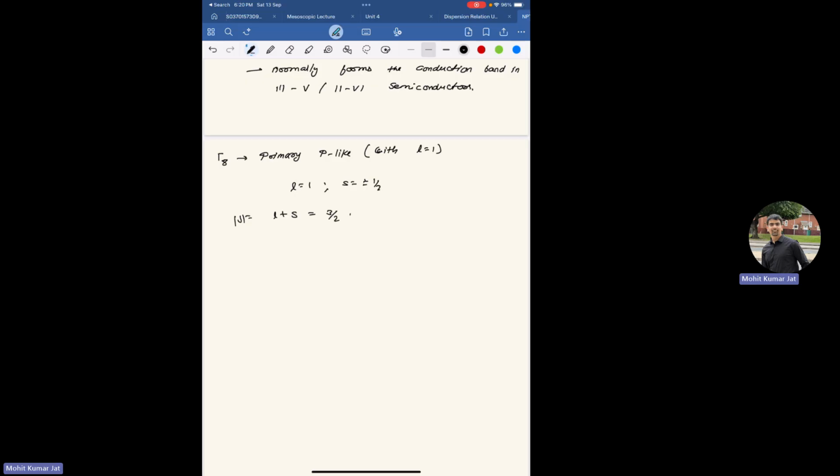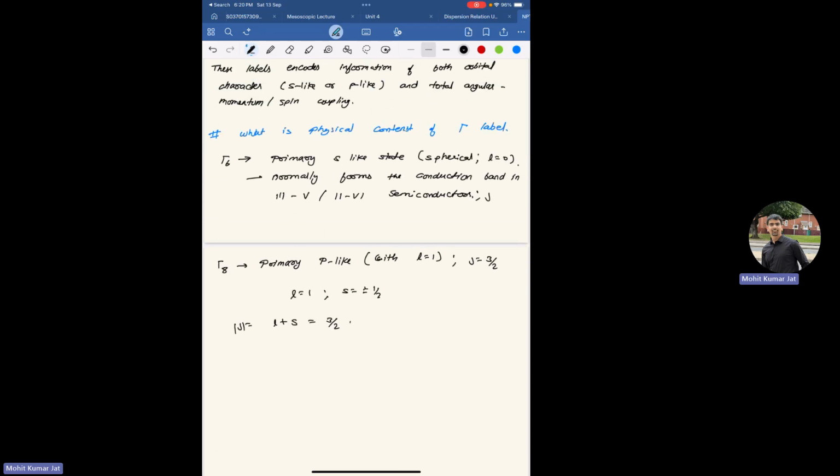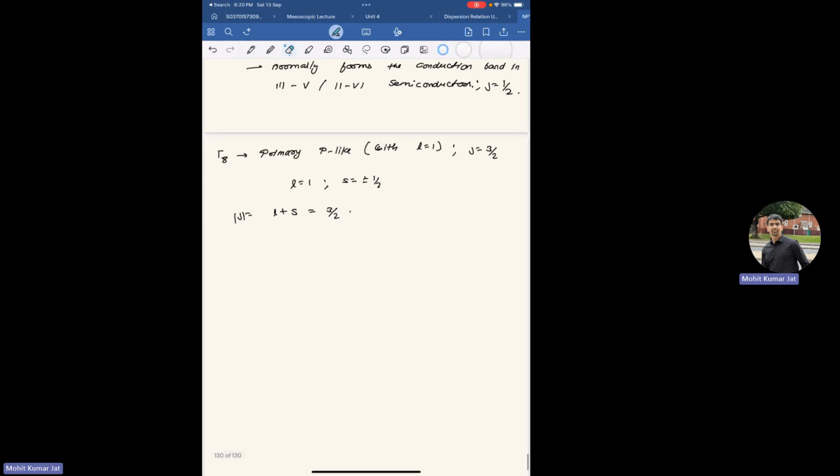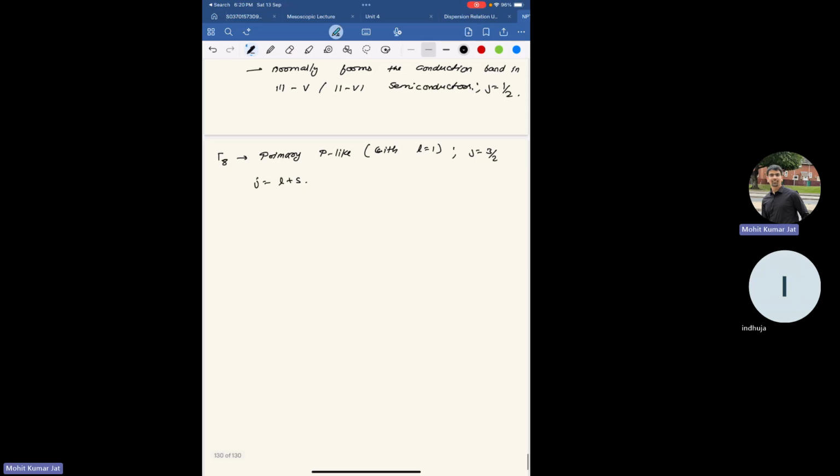These are the heavy hole and light hole states, which are degenerate at gamma in the absence of strain or spin splitting.